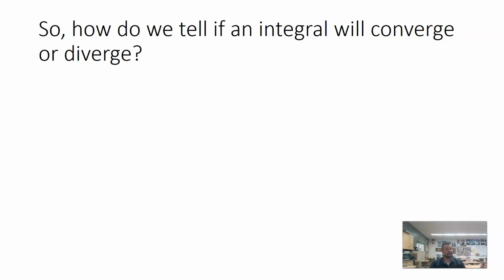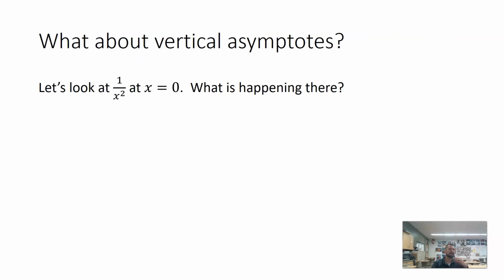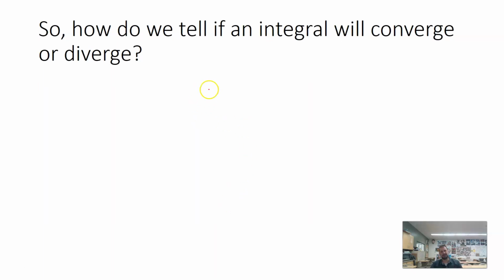So there is actually an easy way, just by looking at the integral, to tell whether or not it's going to be convergent or divergent. What we do is we look, almost all of them, when we look at the improper integral from like a to infinity, we're going to have 1 divided by x raised to some n power. If n is less than or equal to 1, then automatically we can say that that integral is going to be divergent.